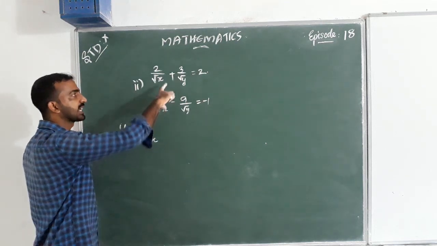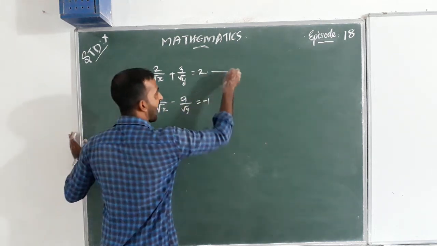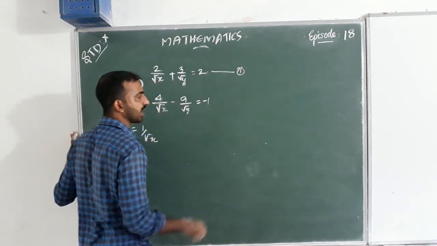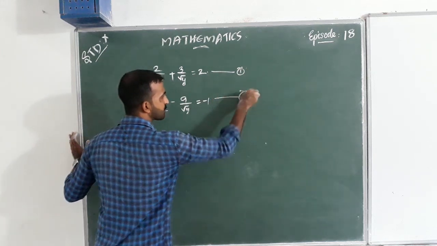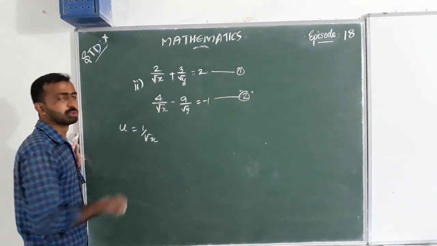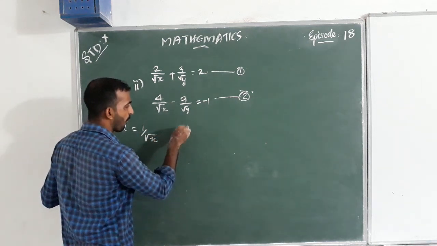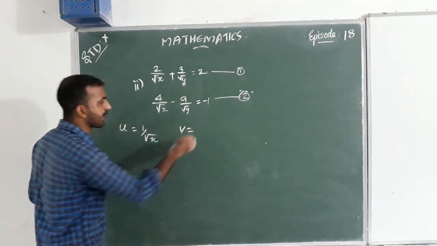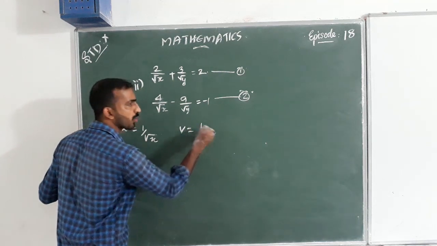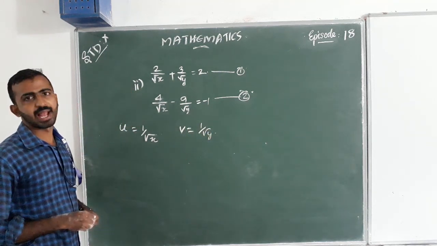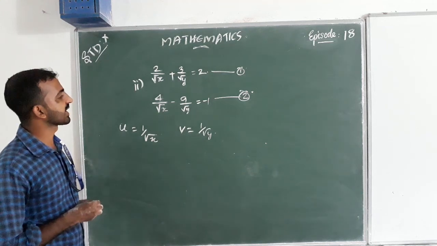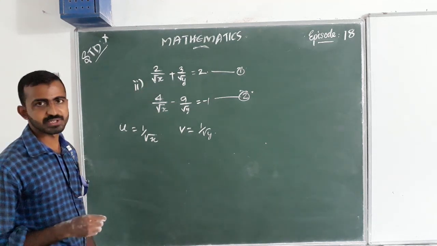We rewrite these two equations and denote them equation number 1 and equation number 2. Now we can rewrite the equations.